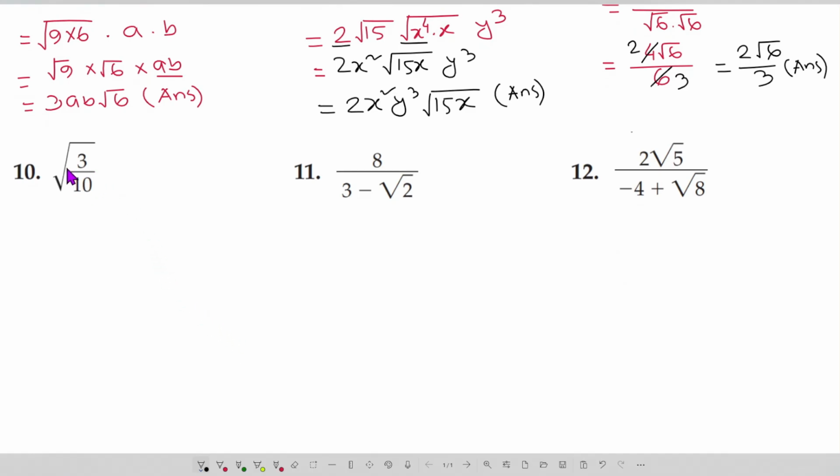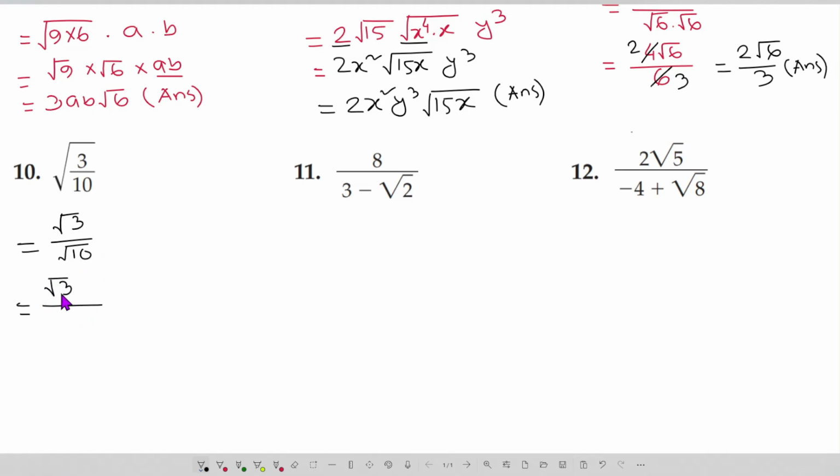Next one, here is root 3 by 10. This is a similar thing. We can write root 3 divided by root 10, right? But our target is not to keep any root in the denominator, so we multiply this fraction by root 10.